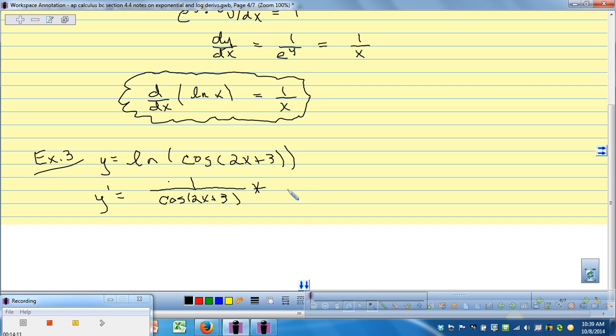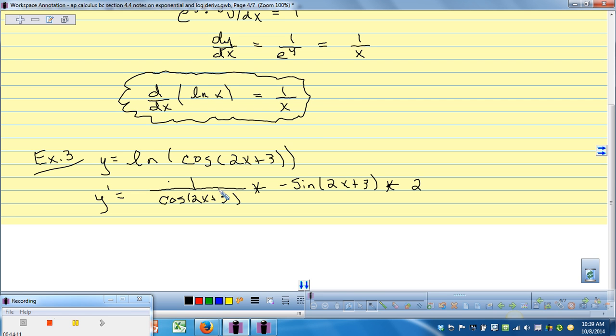Negative sine of 2x plus 3, times 2. Okay? You can simplify, but you don't have to. Any questions on that one?